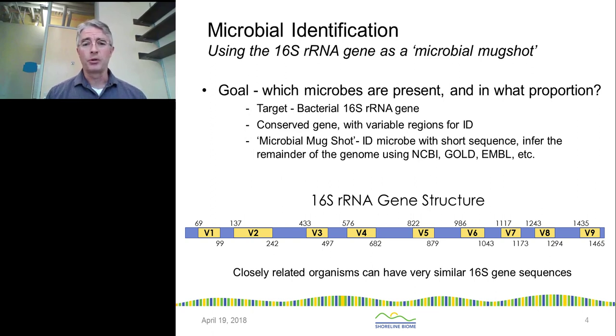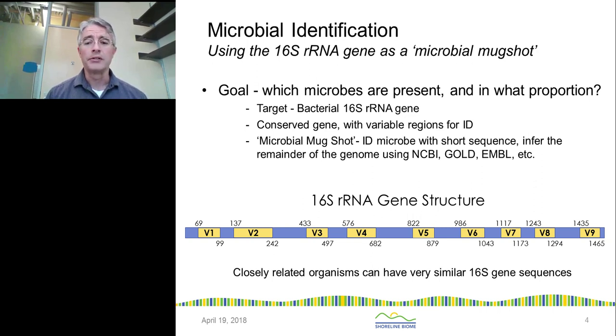So, how do people do this? What you'd want to do is target a gene that every microbe has. And in fact, the ribosomal RNA genes are in all of the bacteria that are out there. And so we target this gene because we know everybody's got it. So the gene itself, in purple here, are the parts of the gene that are invariant, that you can generate PCR targets to.